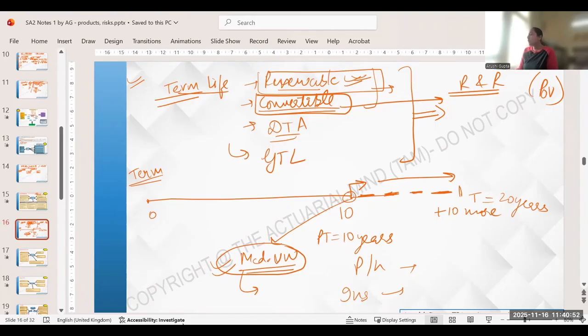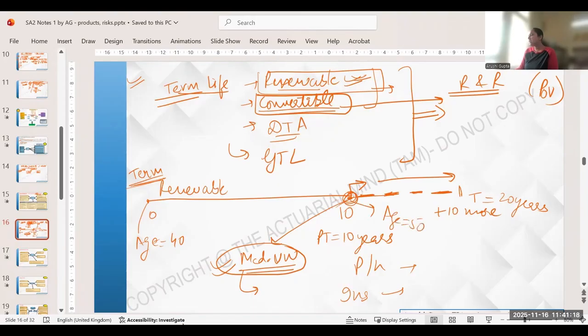Now, why will it be interesting to this policyholder that, starting from the beginning, instead of taking a standard term assurance, the normal term as we call it, he took the renewable? Why would he have taken that? Because at this point, if they feel like they want to extend the cover, their age, if it was 40 years, would have gone to 50 in the future.